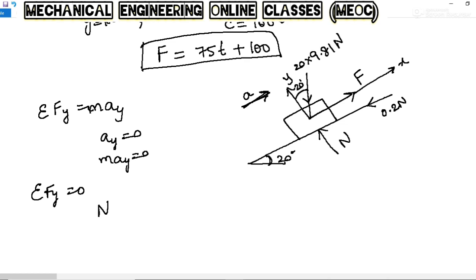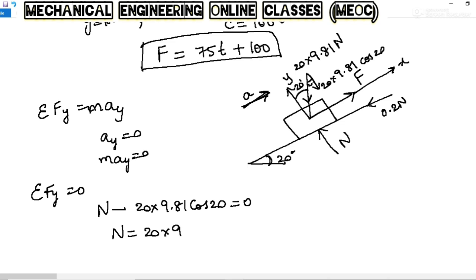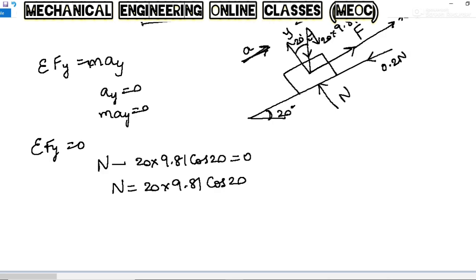N, upward force being positive, minus the weight's y component. This weight component along y will be 20 into 9.81 cos 20, because this is 20 degrees. This is equal to 0. So N is equal to 20 into 9.81 cos 20. This is the value of N.